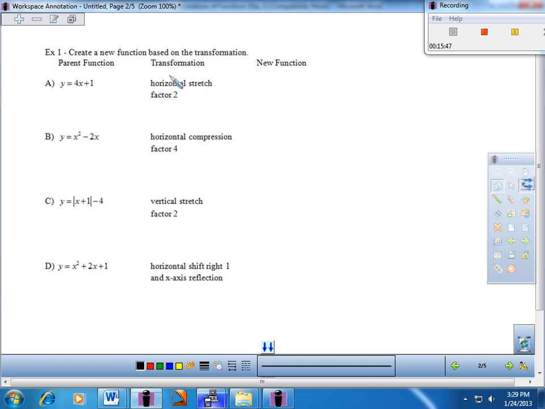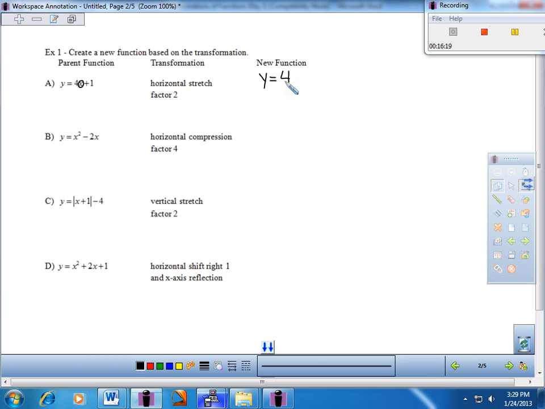First and foremost, horizontal stretch. The factor is 2. So as soon as you see the word horizontal, you know it's going to be an input change. So be very clear on that piece. What we did yesterday, and I'd encourage you to do today with these problems, is circle the inputs. So I'm going to change that input right there. And in order to pull this off, I do exactly what it said on the front side.